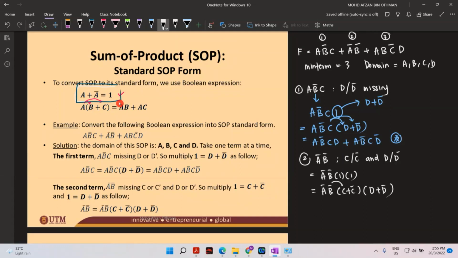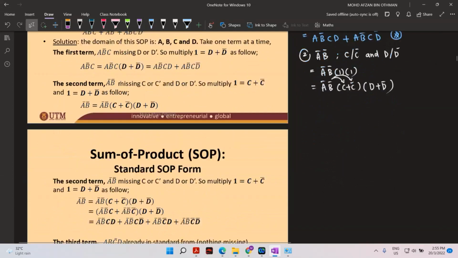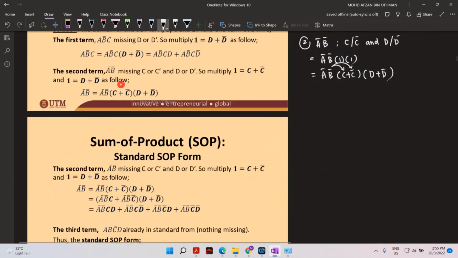Kita expandkan dulu yang ni. Bila kamu kembangkan dia, kamu akan dapat Ā B̄ C + Ā B̄ C̄, and then (D + D̄).